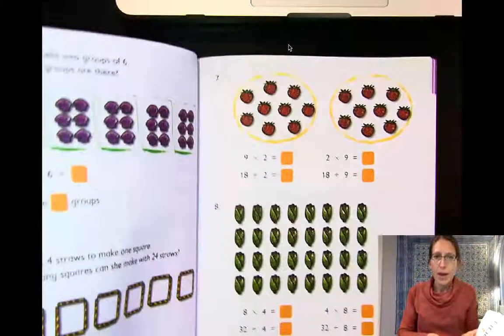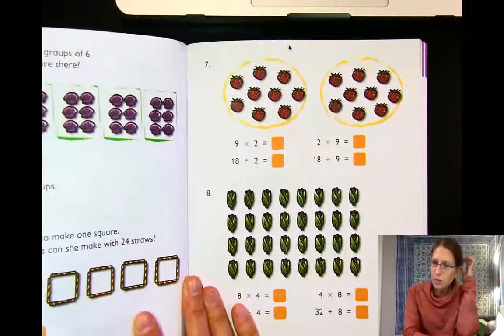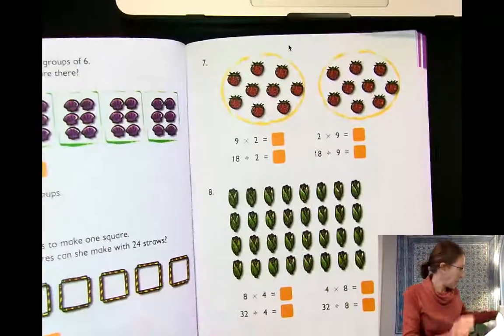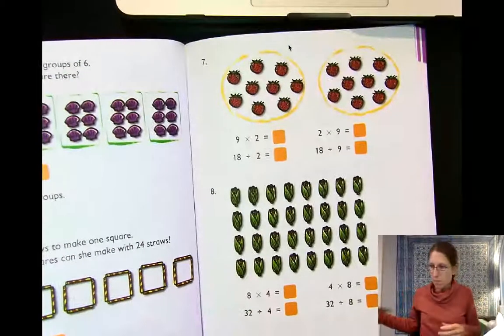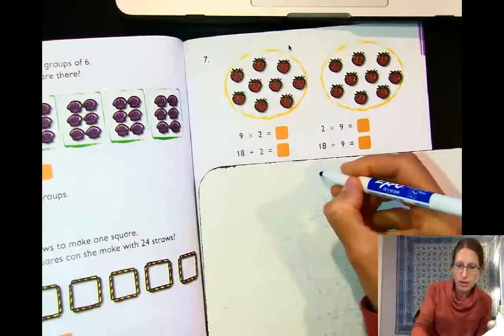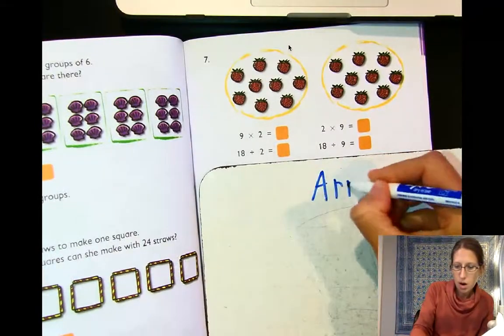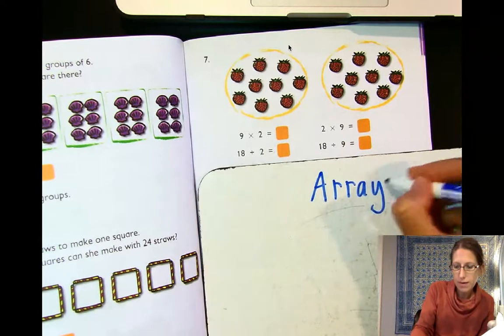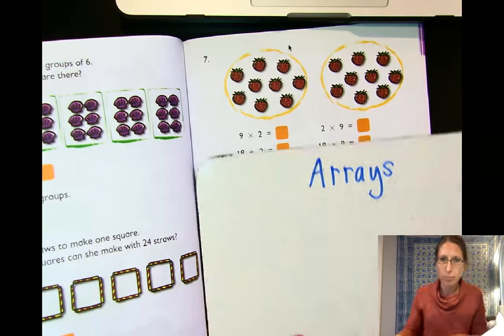We are going to learn a little bit more about arrays today. You may remember we talked about arrays with multiplication, and that word is array. Arrays, I'll make it plural.